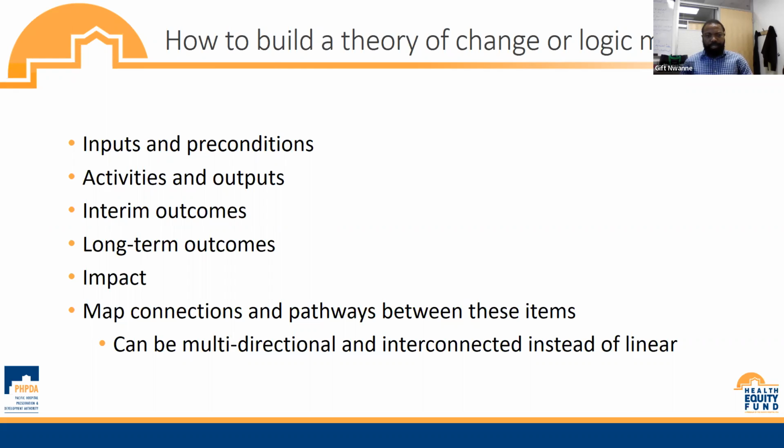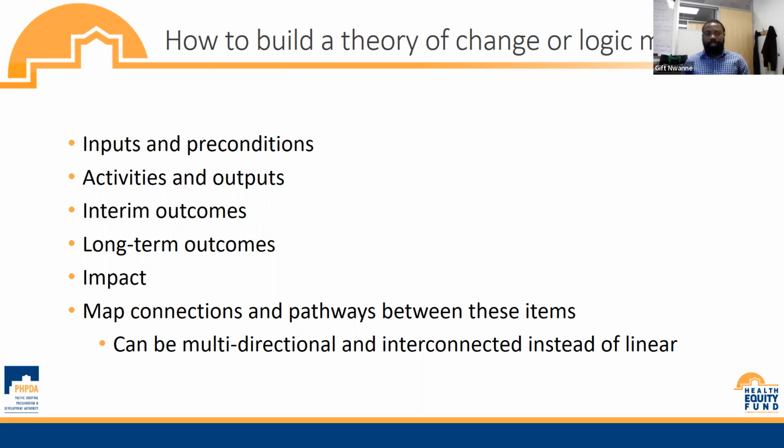Now the next will be outcomes. These would be short or long-term change that we observe during the lifetime of our program. So those short-term or long-term changes that we observe as a result of the activities that we have undertaken would be referred to as outcomes. Now, I would want to say that the relationship between these components may not be linear.